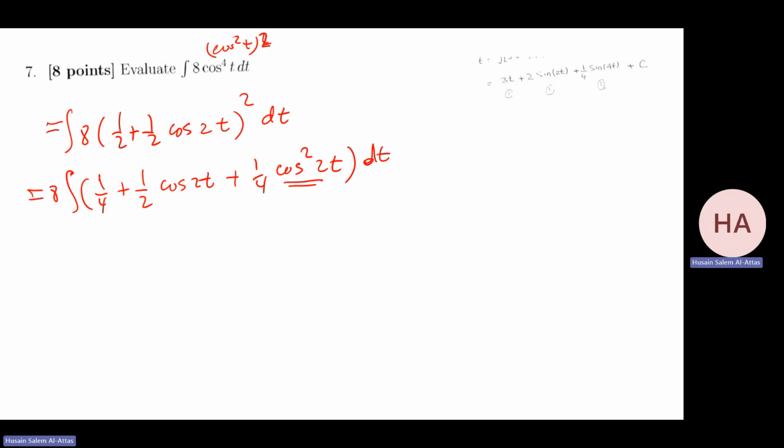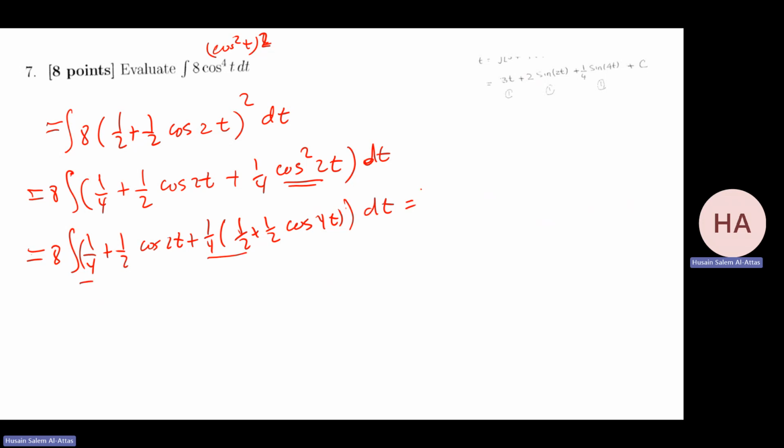Now I need to get rid of this. Do the same thing. So that will be 8. Let me do the 8 at the end. Plus half cosine 2t plus 1 over 4. This is again half plus half cosine 4t. Don't forget, this should be 4t. And this is what? I have 1 over 4 plus 1 over 8. That will be 3 over 8.